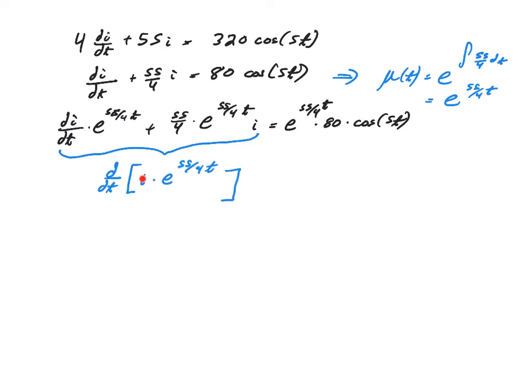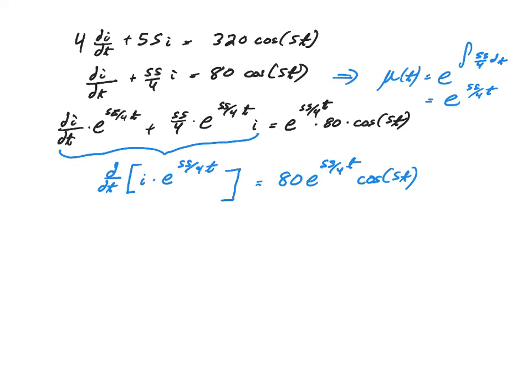If I have the first times the derivative of the second, that's over here. And if I have the second times the derivative of the first, that's over here. So that does in fact work. And the right hand side becomes 80 e to the 55 over 4t cosine of 5t.